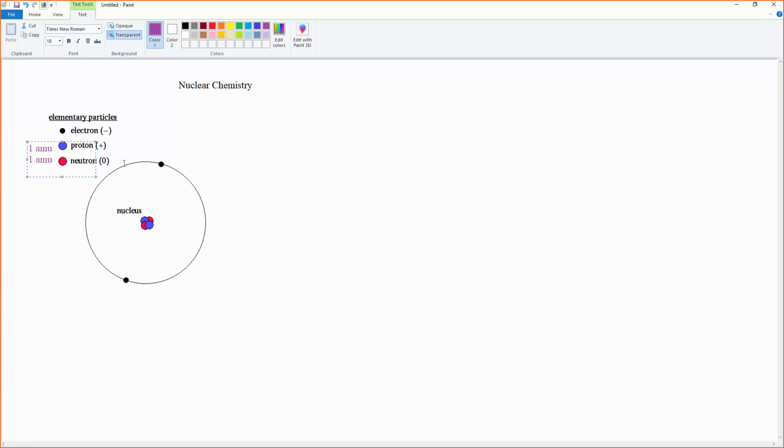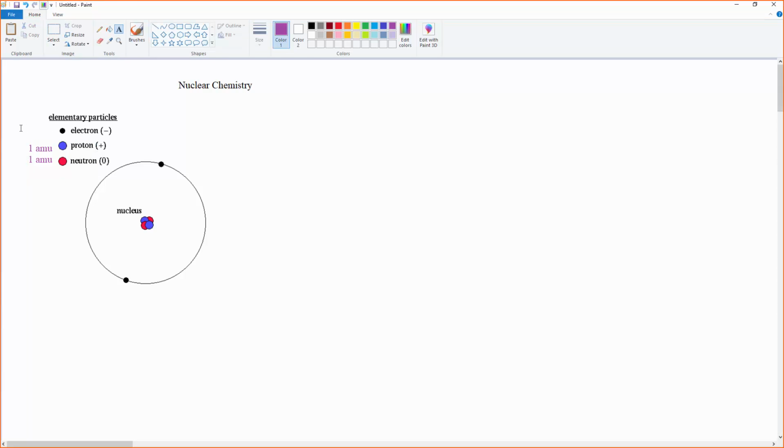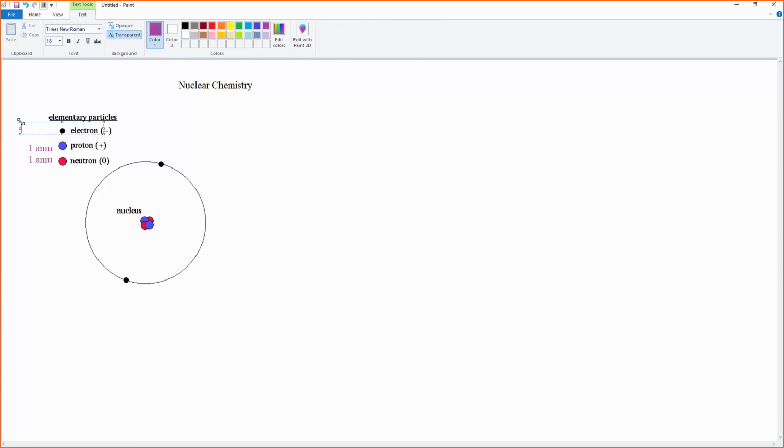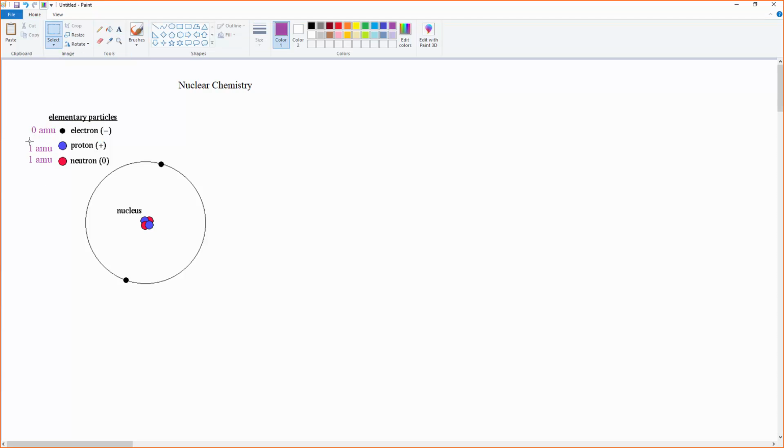The electrons are on the outside in these shells, as we talked about, shells and subshells and orbitals. And because they're on the surface, they dictate the chemical behavior of the atom. They have no mass. That's not to say they have no mass, really. They have relatively little mass as compared to the proton and the neutron, right?